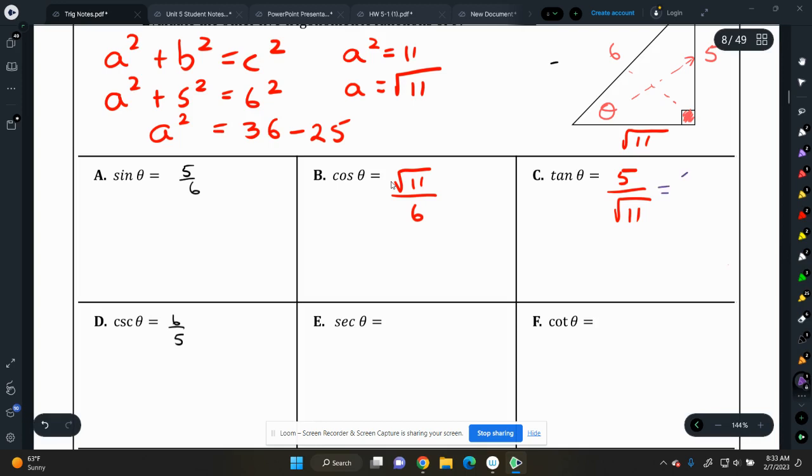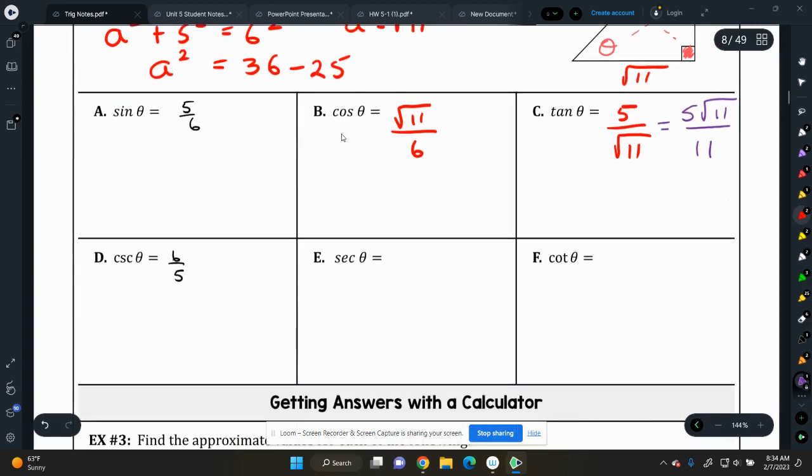We move, and remove. So we move the radical up and we remove the actual radical from the bottom. Move and remove. Okay, we have cosecant.